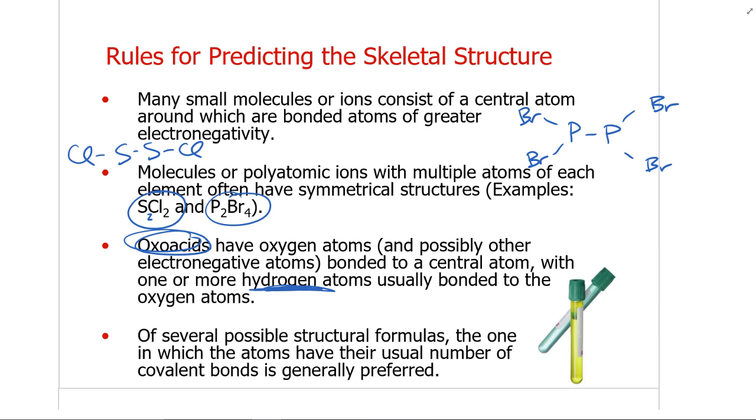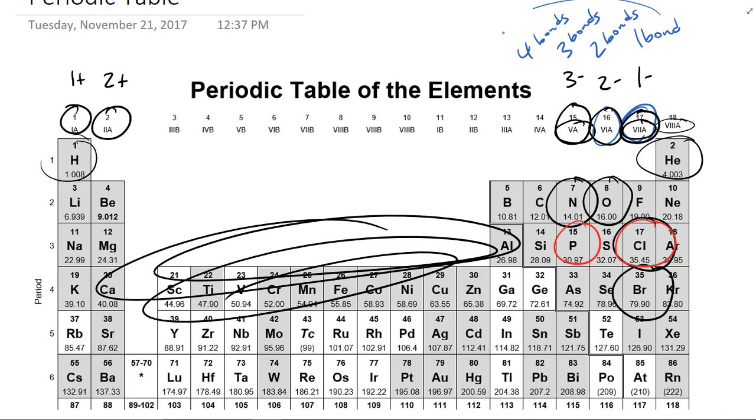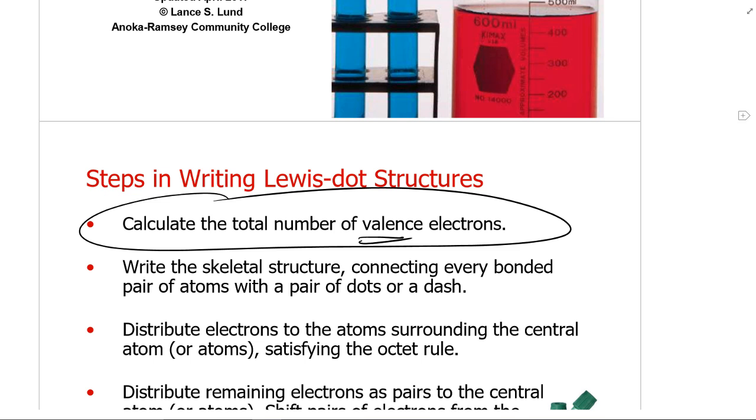And then finally it says of several possible structural formulas, the one that has the atoms giving their usual number of bonds is the one that is preferred. So sometimes we can come up with multiple ways to write a structure. We can wind up with a structure where they have their usual number of bonds, which is what we were showing right here. Then that would be the preferred structure that we wind up with.